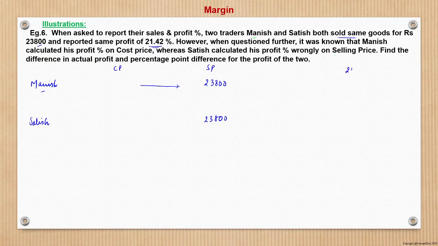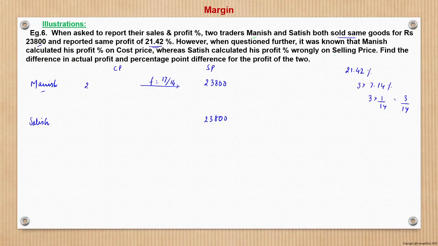Now first let us deal with 21.42. 21.42 is what? This is nothing but 3 into 7.14%, and 7.14 is nothing but 1 by 14. So this is nothing but 3 by 14. So the factor will be 1 plus 3 by 14, which is 17 by 14. So something multiplied with 17 by 14 gives 23,800. So what is that something?